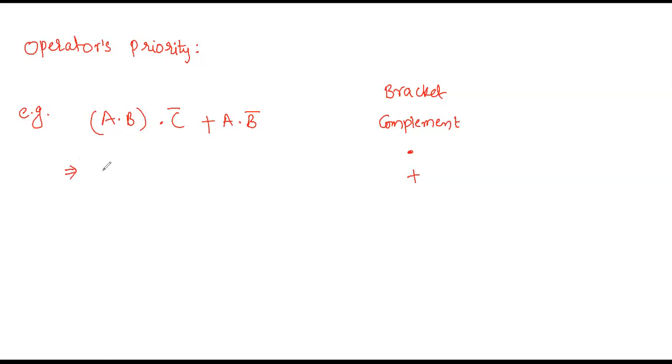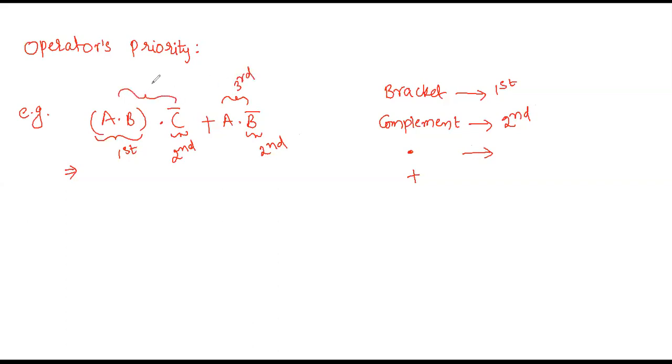Okay, so the first priority goes to the bracket. So first you need to find the result of A into B. Next, you need to give the priority to complements. So second is you need to find out the complement. Third, you need to go with the product. So third, give the priority to the product.